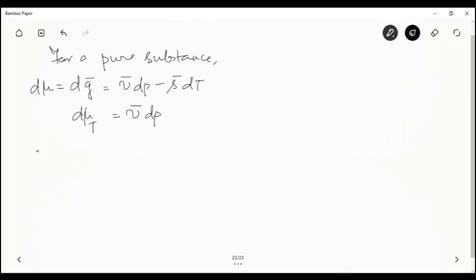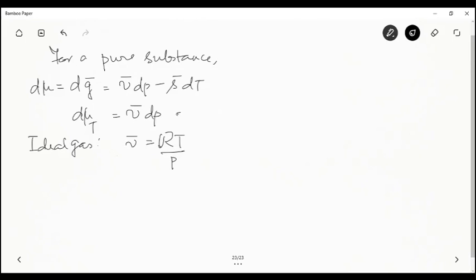Now let's start from an ideal gas. What happens in an ideal gas? In an ideal gas, P V bar is equal to R T, right? So V bar can be written as R T by P. I'll substitute for V here.